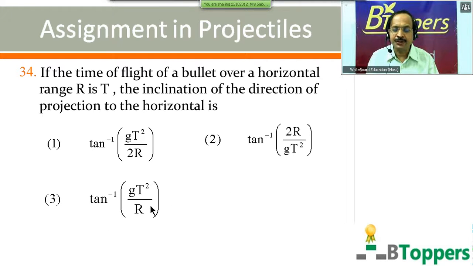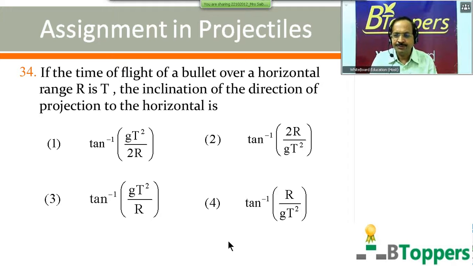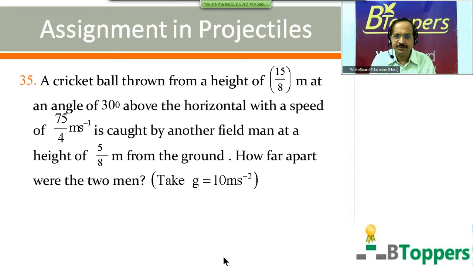Third option, tan inverse gT square by R. Fourth option, tan inverse R by gT square. Come on, try the question. In case you need more time to answer the question, you can take a pause and try the question. I'd like to show the next question, question number 35.